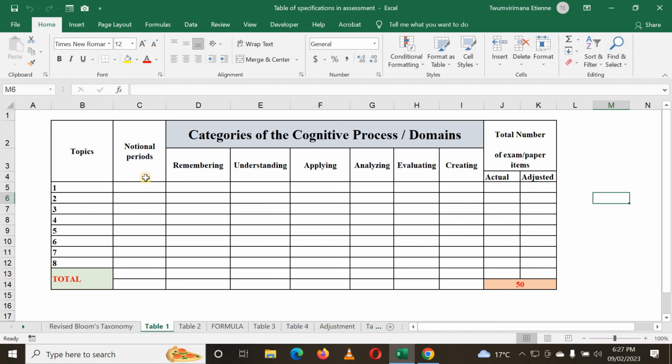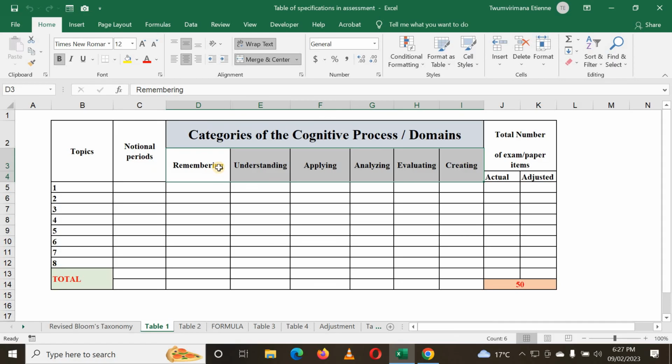Your topics might have different periods from the ones we're supposing here, but the categories of the cognitive process or domains will be the same. We always have all these 6 categories: remembering, understanding, applying, analyzing, evaluating, creating.